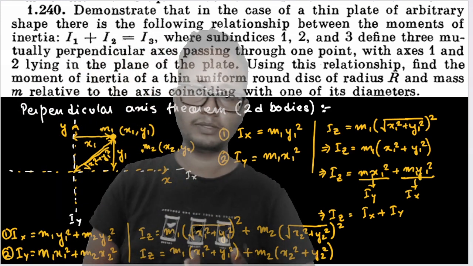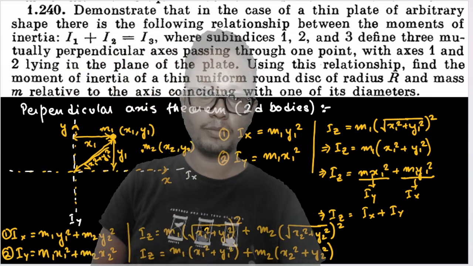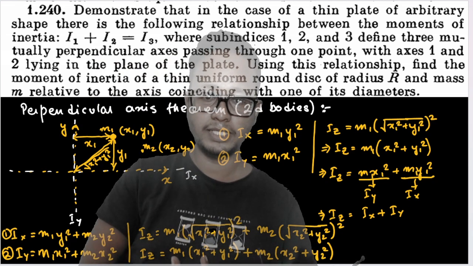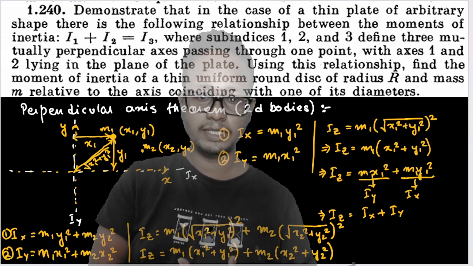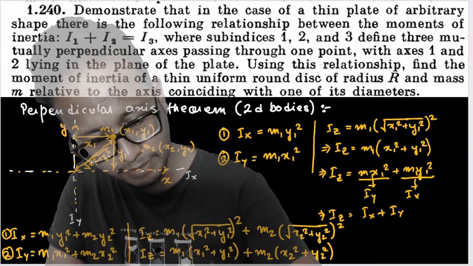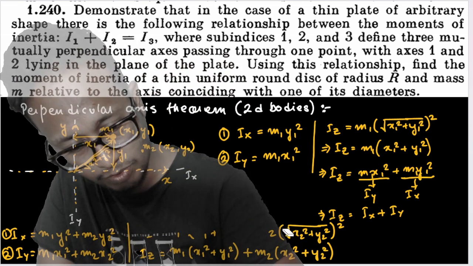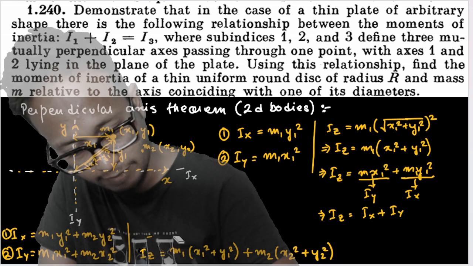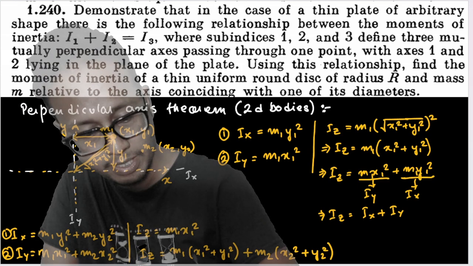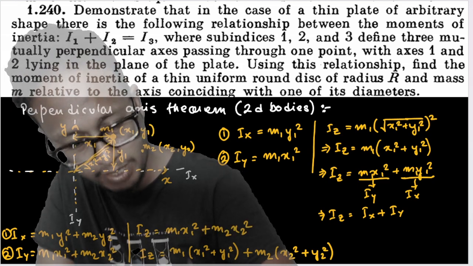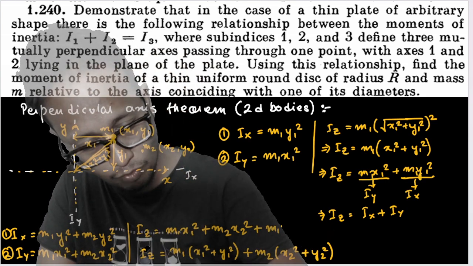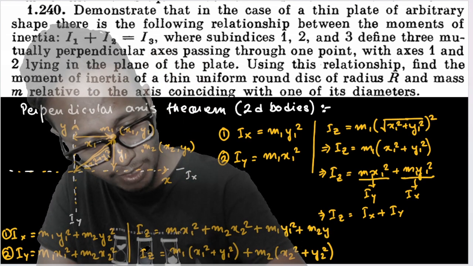Now if I rearrange these terms, m1 x1 square plus m2 x2 square is nothing but Iy, and m1 y1 square plus m2 y2 square is nothing but Ix. So Iz is equal to m1 x1 square plus m2 x2 square, taking this term and this term, plus the remaining terms m1 y1 square plus m2 y2 square.